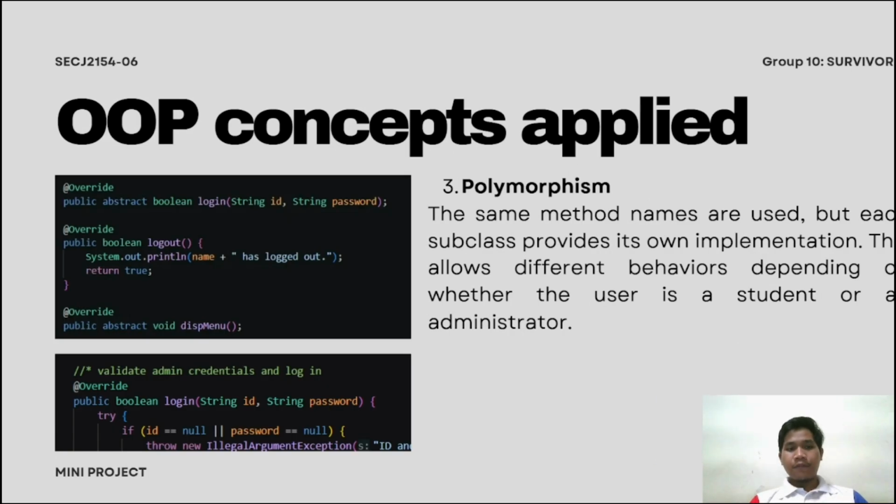Hi, my name is Rafiq and I will continue about the concepts that we apply in our system. The other concept that we use is polymorphism. The same method name is used, but each subclass provides its own implementation. This allows different behaviors depending on whether the user is a student or an administrator.